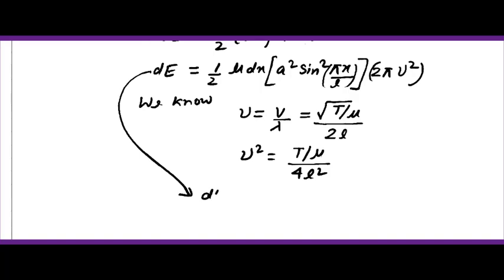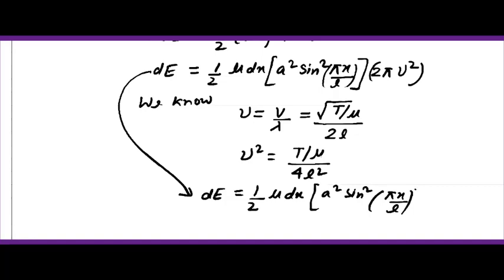Now you will get dE is equal to half mu dx a square sine square pi x by L, and 4 pi square nu square.